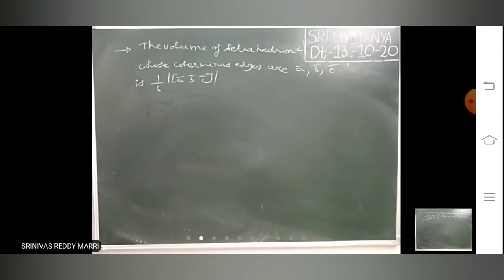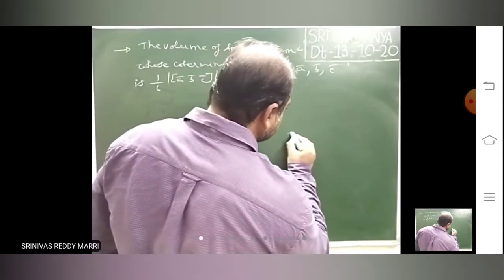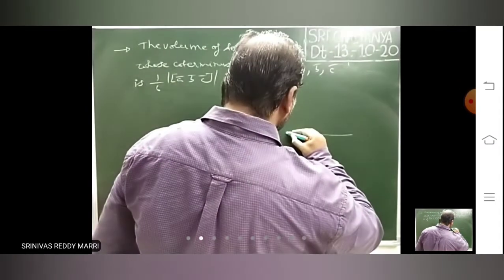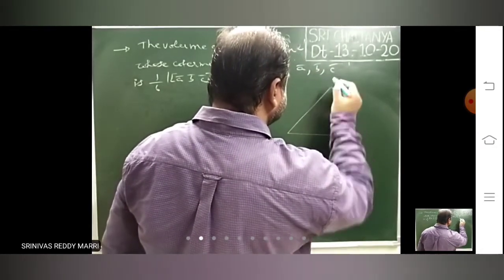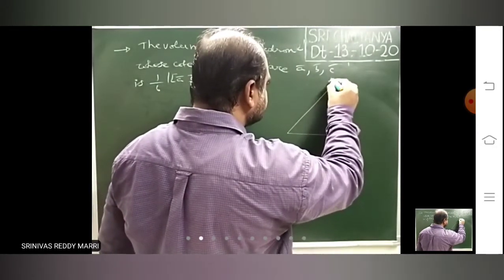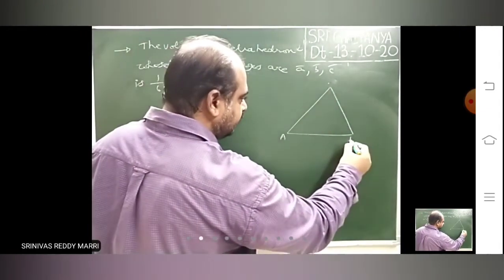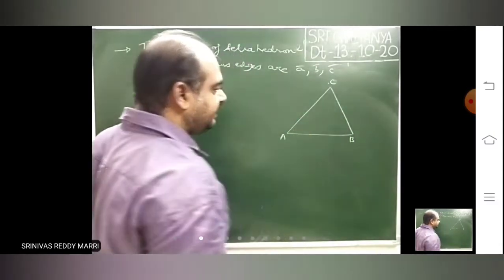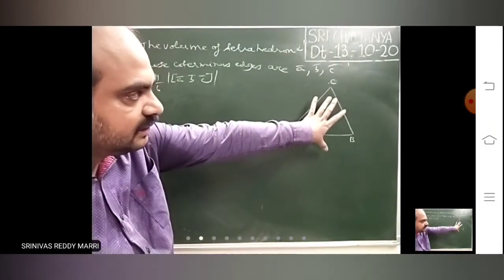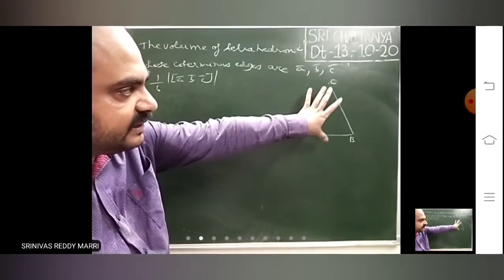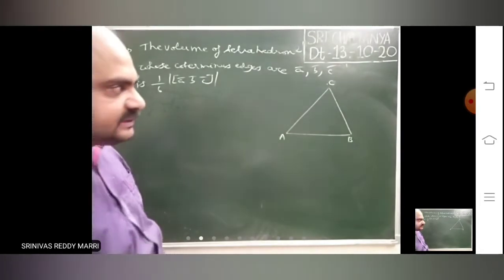Tetrahedron. Look at tetrahedron, how it is. For any tetrahedron related problems, do like this. You can take any vertices A, B, C. This is called the base. This I have drawn on the board, you have drawn on the paper. Whatever you have drawn on your paper, that is the base.